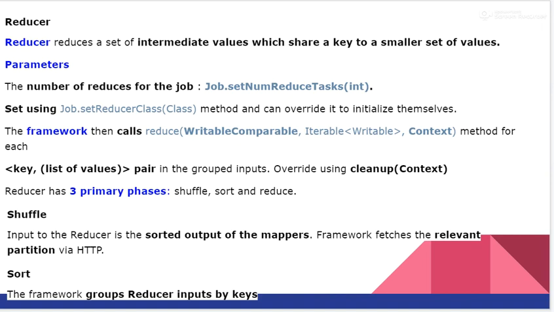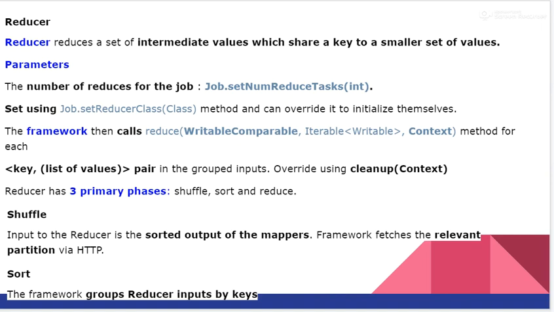It will be just a list of the keys and the values. So the first part is to ensure that the reducer job is able to shuffle the output from the mapper.